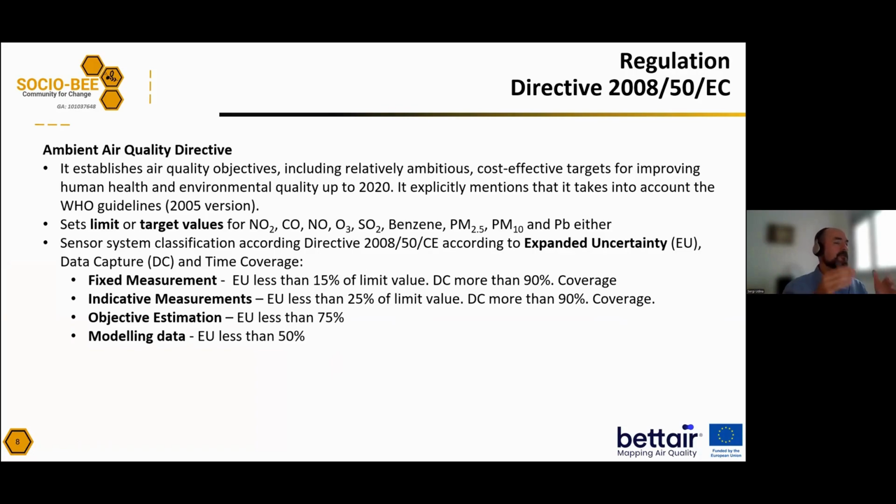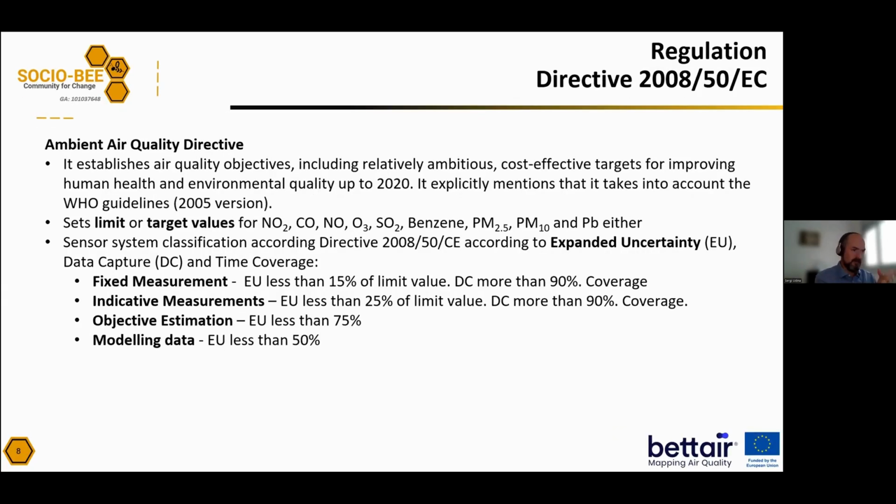And then according to this directive sets limit or target values for NO2, carbon monoxide, NO, ozone, SO2, benzene, PM2.5, PM10, and lead. It also proposes a sensor system classification in order to determine if one sensor system can be used for regulatory purposes or can only be used for modeling, for estimation purposes.